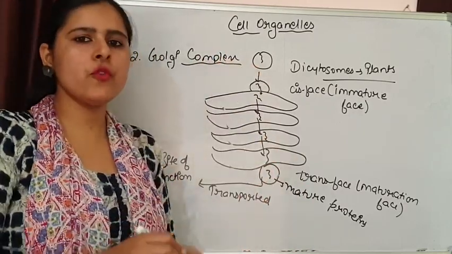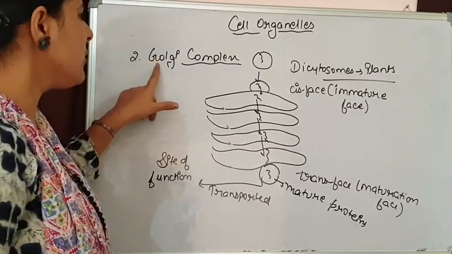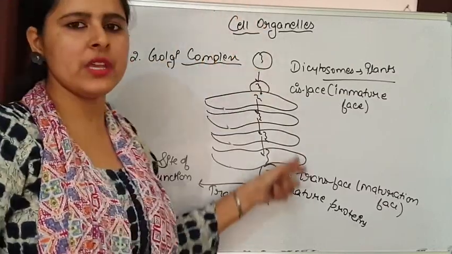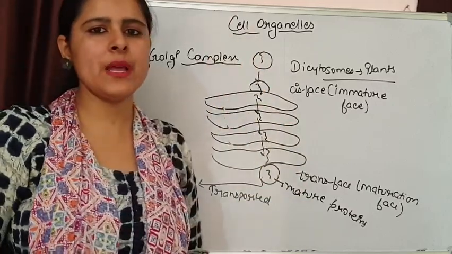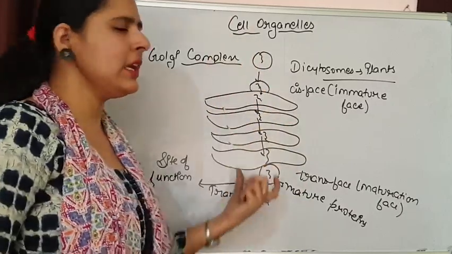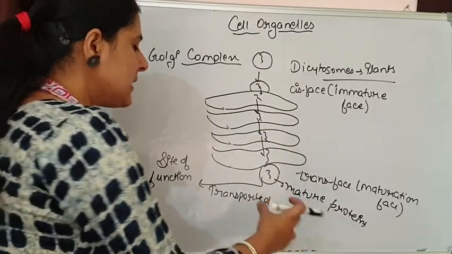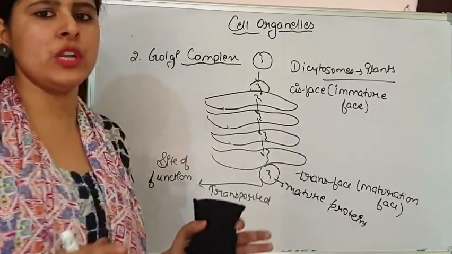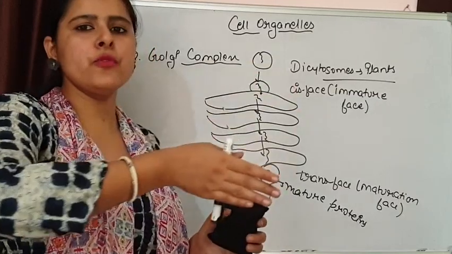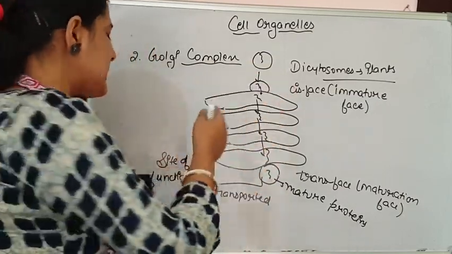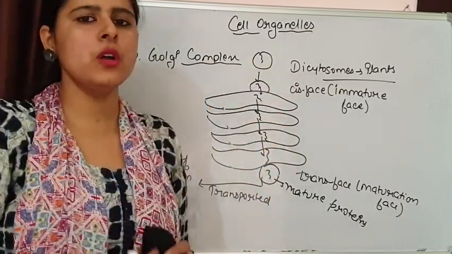So the function of the Golgi complex is modification of proteins. It is going to receive the protein from the endoplasmic reticulum and finally mature that protein. Another function is that it is helping in transportation. Transportation means it is going to transport a fully mature protein to the site where that protein has to function.